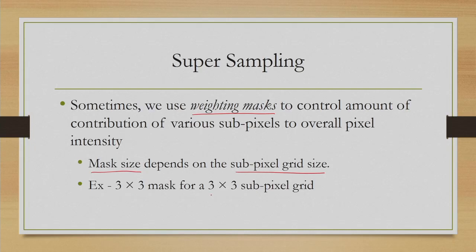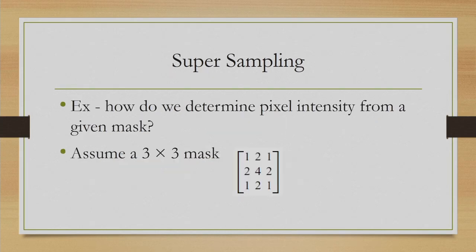So, if we have a 3 by 3 subpixel grid, then the mask size will be 3 by 3. They should be the same. For example, consider a 3 by 3 subpixel grid and we are given this mask. So, given this mask and this subpixel grid, how to choose the color or the intensity of a pixel?